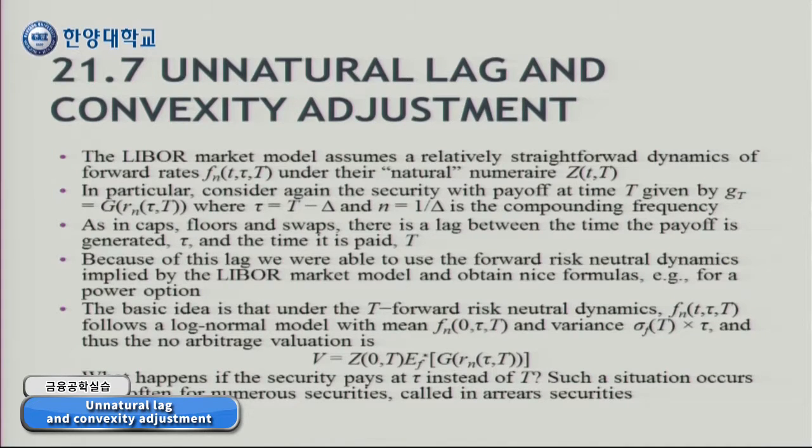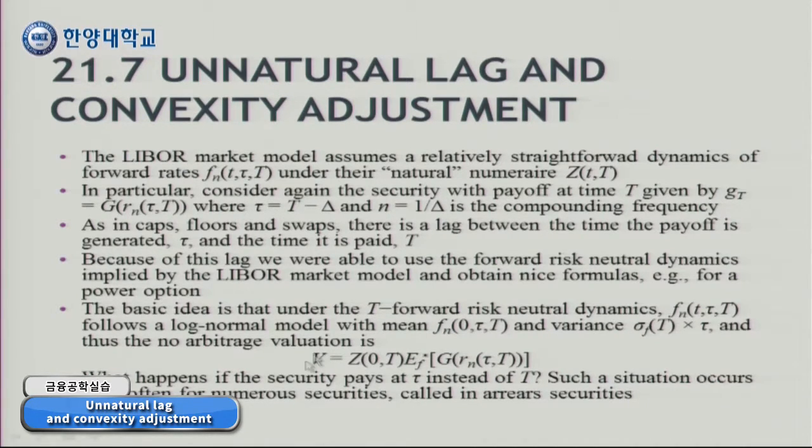That's the case for most of these. And this lag makes our life easier in terms of valuation. Because of this lag, we were able to use the forward risk neutral dynamics implied by the LIBOR market model, and that gave a nice formula for the power option, for example. Because the cash flow actually occurs at big T, we use this as the numeraire. So that actually makes our life easy.